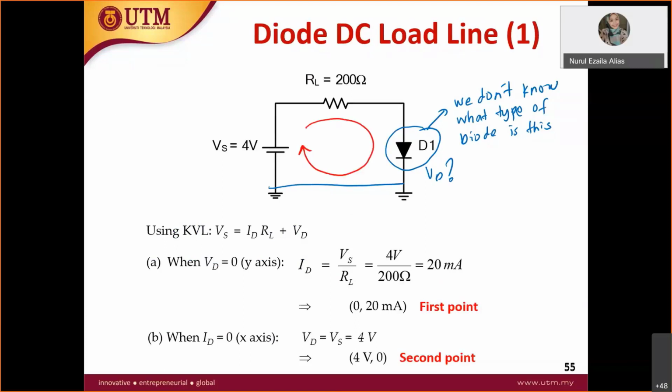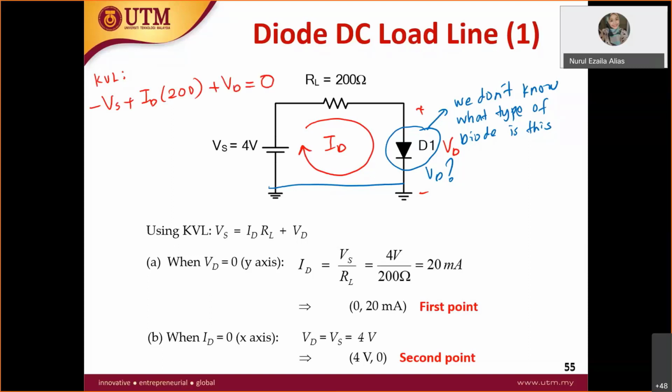What will be the KVL of this circuit? For example, this current is represented as ID, and the voltage across here is represented as VD. The KVL will be negative VS, plus ID times 200, plus VD equals 0.